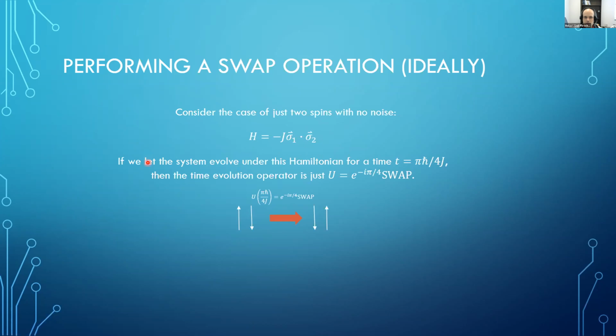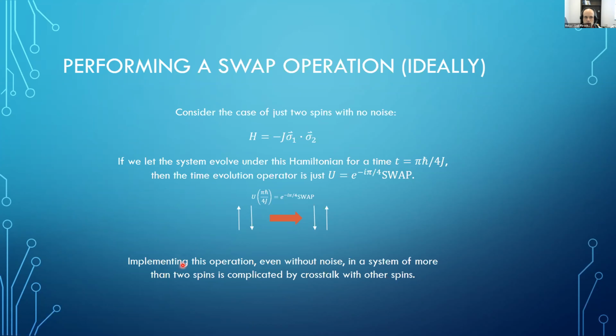If we let the system evolve under this Hamiltonian for a time pi h bar over 4J, then the time evolution operator will just be the swap operation times a global phase factor of e to the minus i pi over 4. It's unmeasurable. So basically, we're performing a swap operation when we do this.